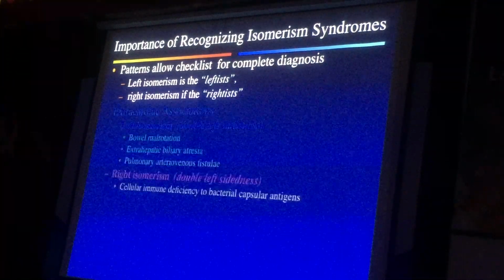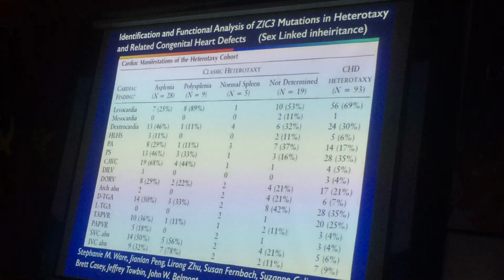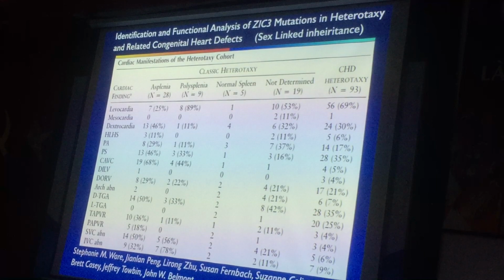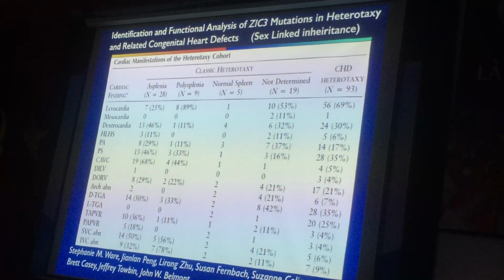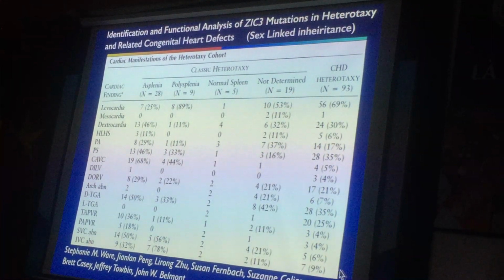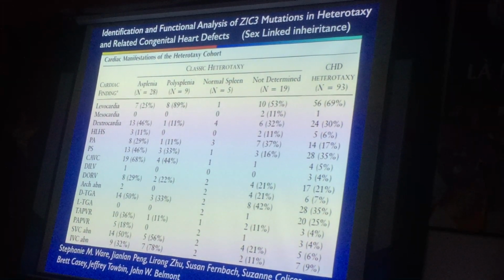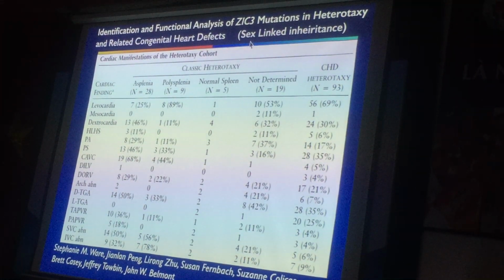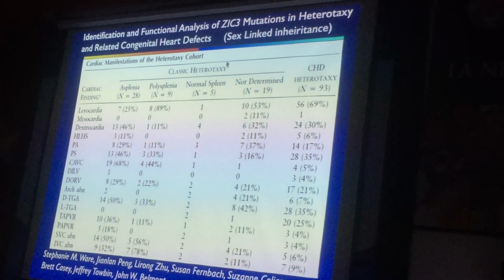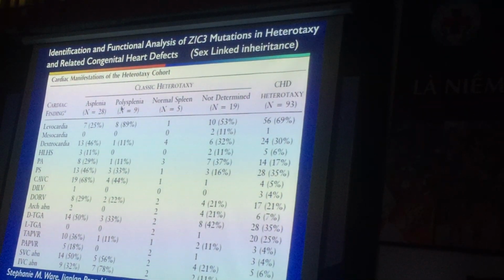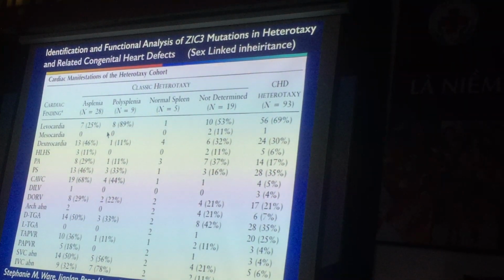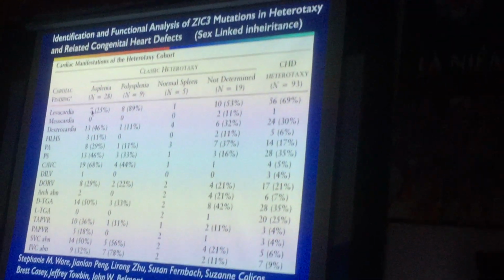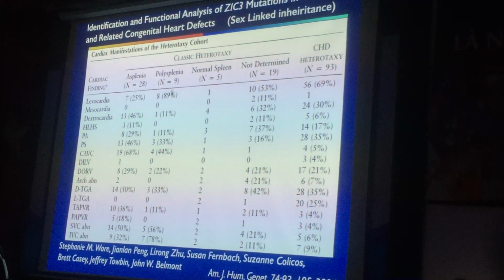So what I like to do is make a checklist. But it would be unfair of me to say that everything that looks like isomerism is going to look like this, because this is a paper by a very famous guy called Jeff Tobin, at Houston at the time, on ZIC3, which is a sex-linked inheritance, and he looked at the classical heterotaxy with these conditions, and he found, in fact, that levocardia was very much less common in asplenia than polysplenia.